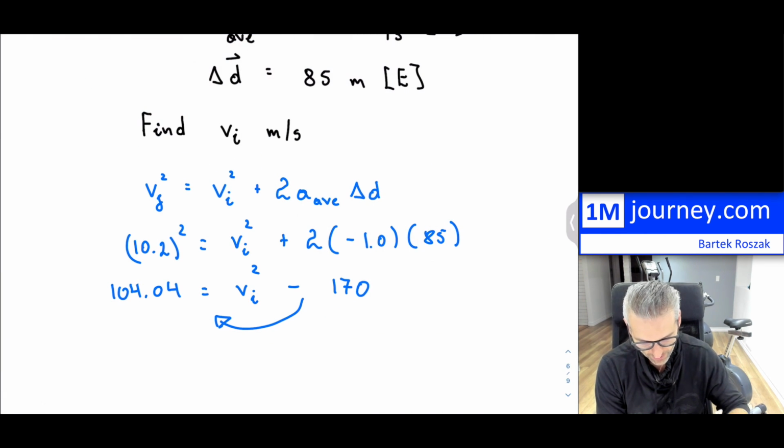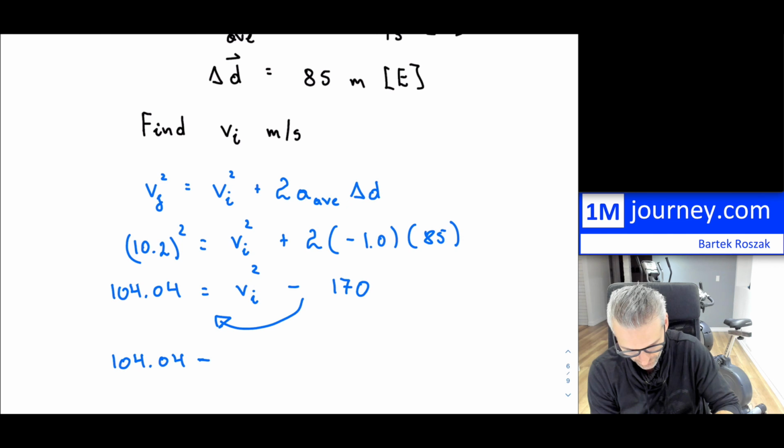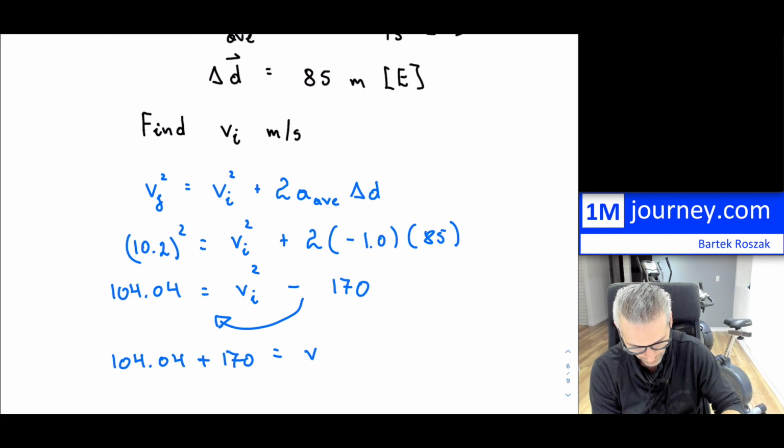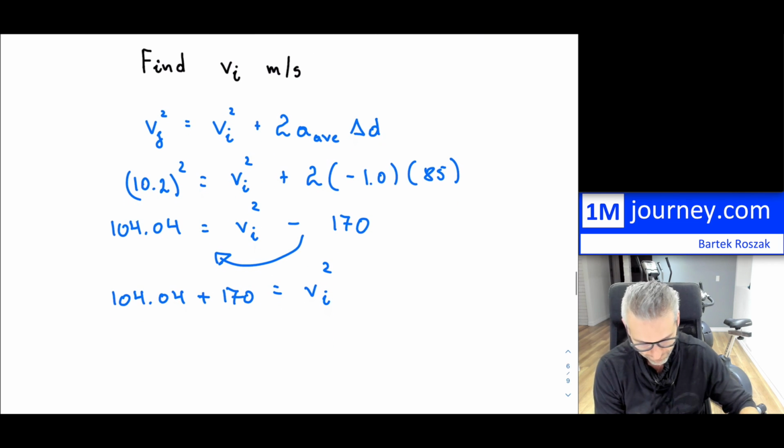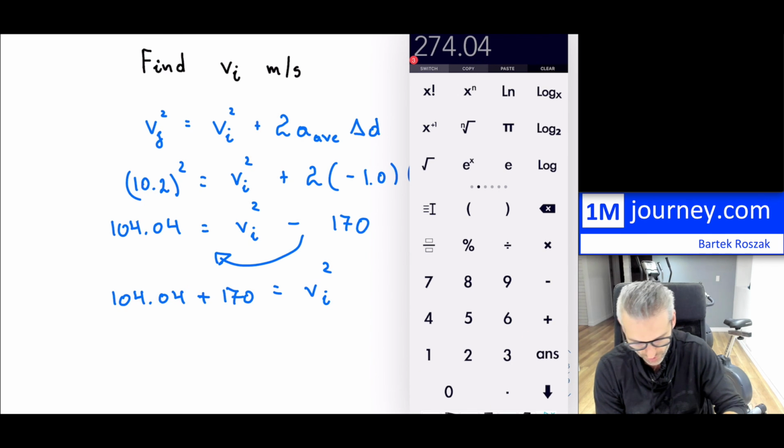So this is going to be 104.04 minus, it switches its sign, so it's plus 170. Vi squared plus 170 equals 274.04.